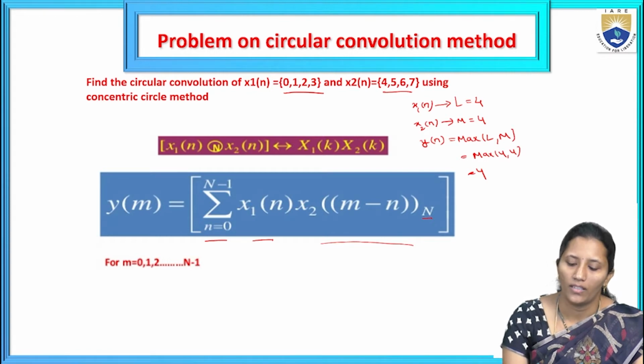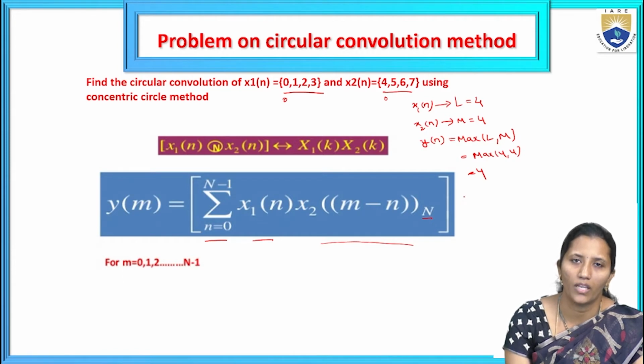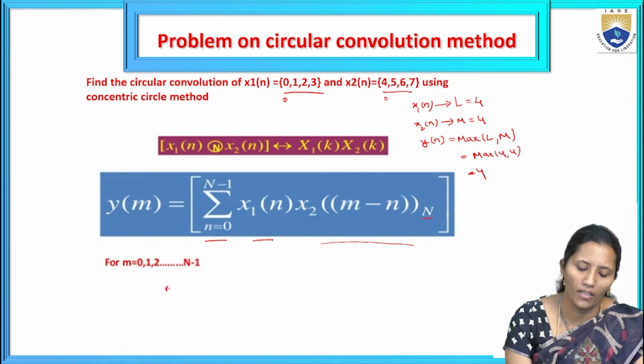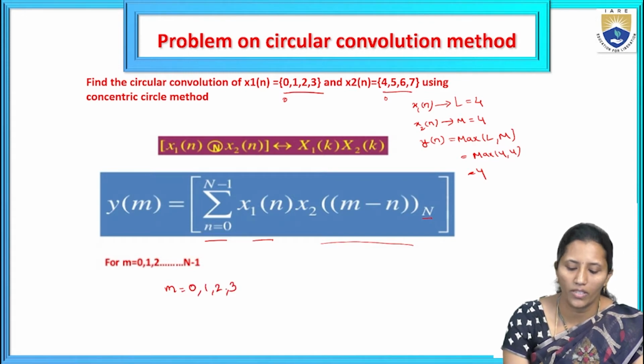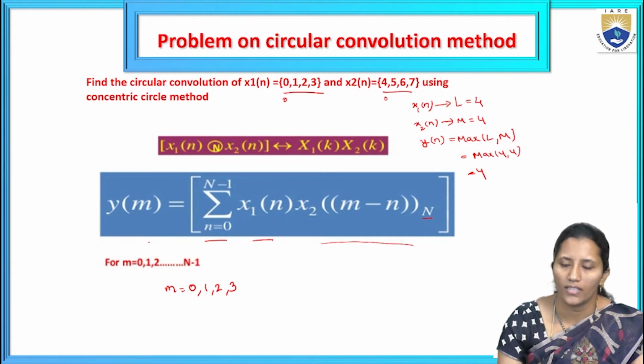Here the index starts from 0 for both sequences, so the m value will be 0, 1, 2, 3 because there are only 4 samples. We have to substitute m equals 0, m equals 1, m equals 2, and m equals 3, and find y of 0, y of 1, y of 2, y of 3 in the concentric circle method.